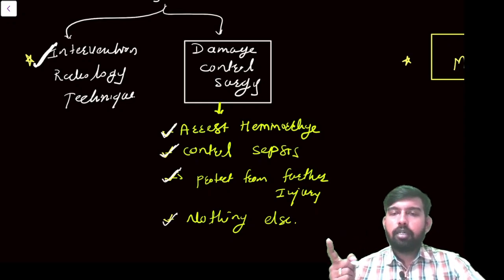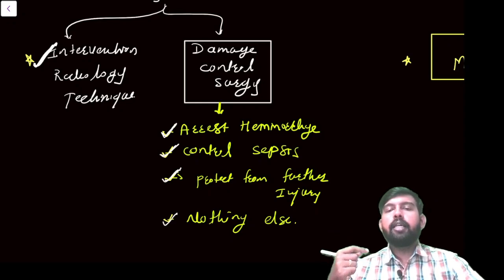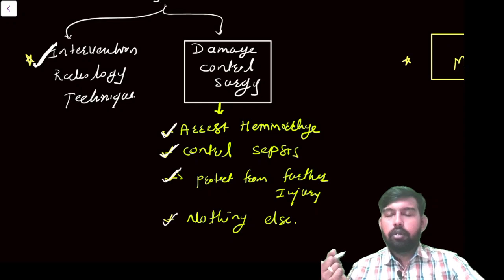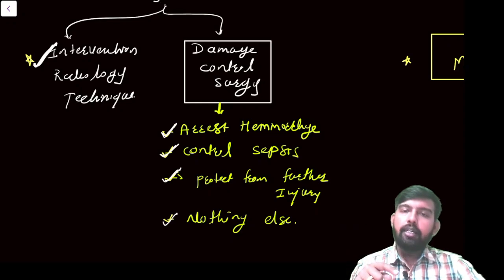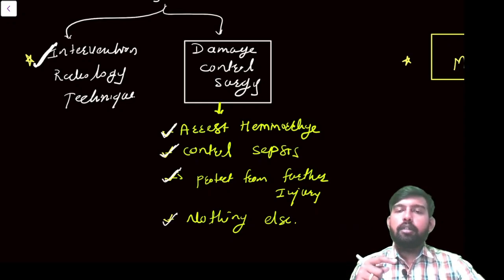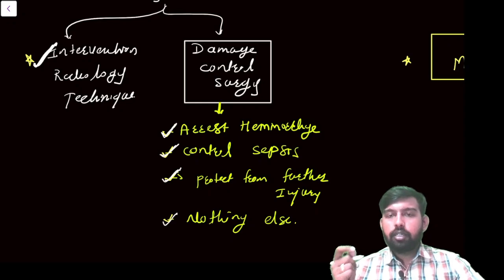There is correction of the coagulopathy, and resuscitation is continued. After stabilization in the ICU, the patient has to be taken again into the operation theater, and then there is correction of the anatomical structure.